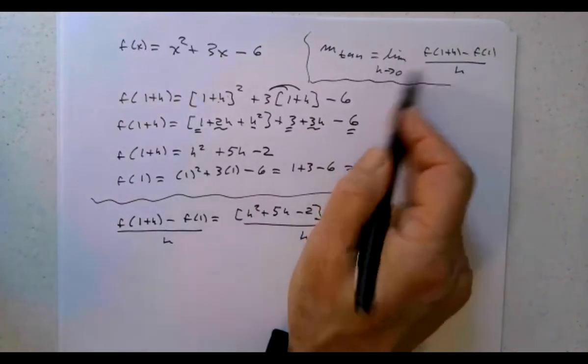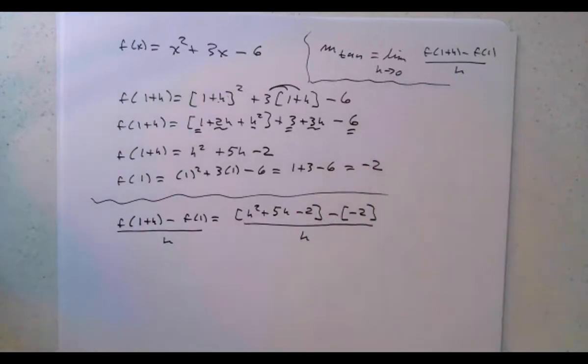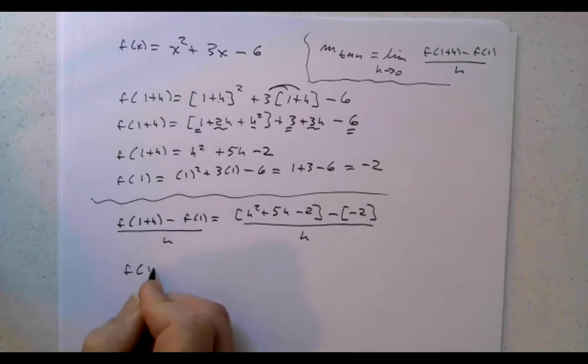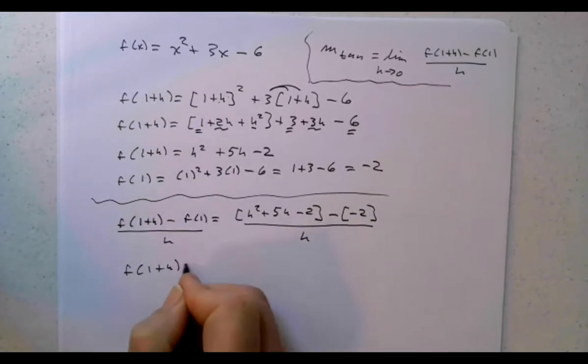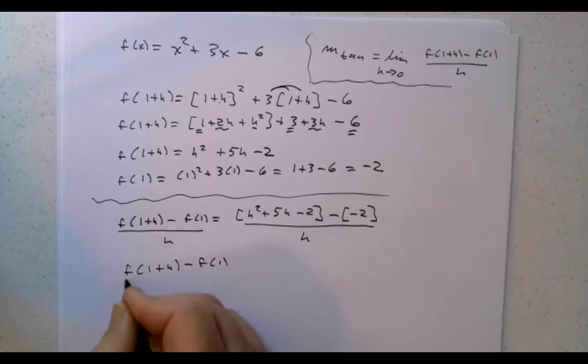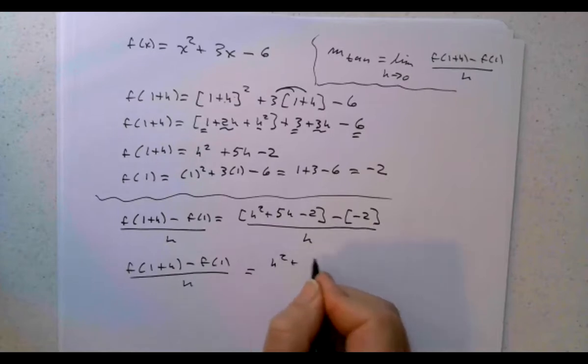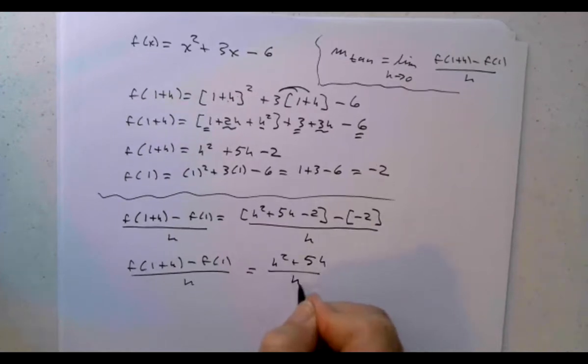Again, we're going to take the limit as h goes to 0 of that eventually to get the slope of our tangent line. Well, minus 2 minus negative 2, those go away. And I get f of 1 plus h minus f of 1 over h equals h squared plus 5h over h.